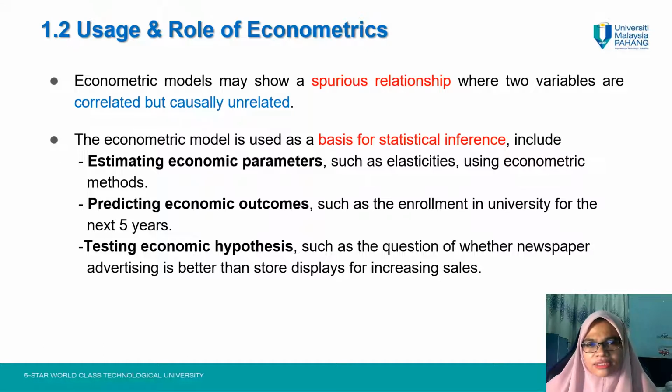The econometric model is used as a basis for statistical inference, which include estimating economic parameters, predicting economic outcomes, and testing economic hypotheses. All these statistical inferences will be discussed in details starting chapter 2.